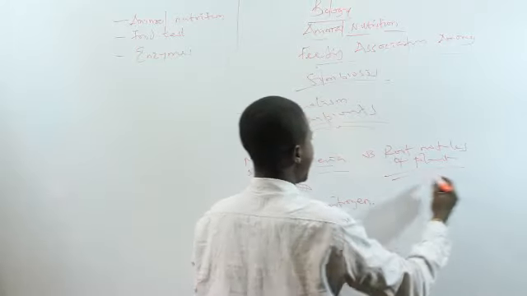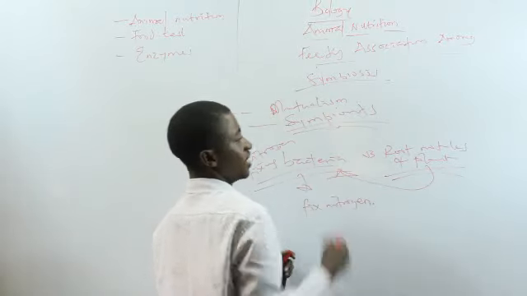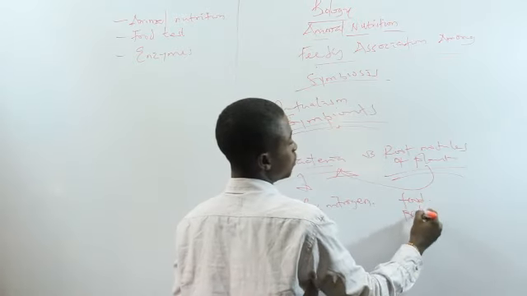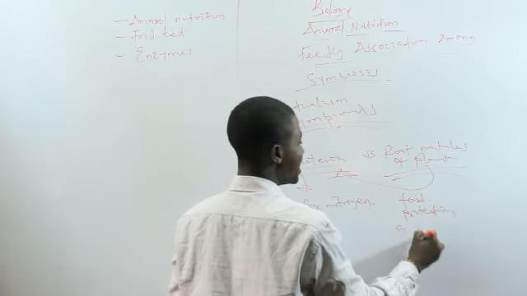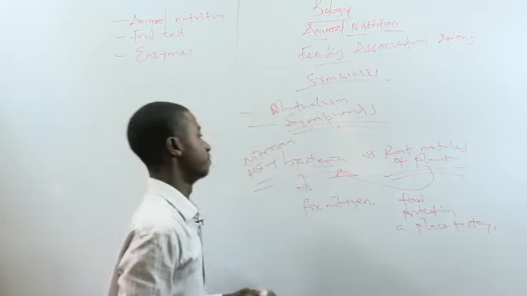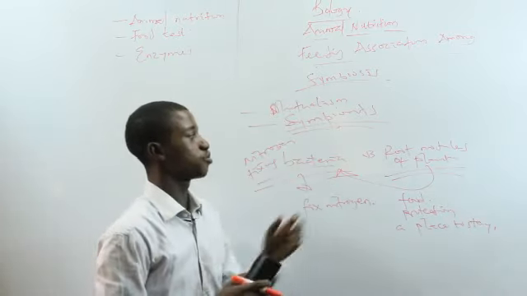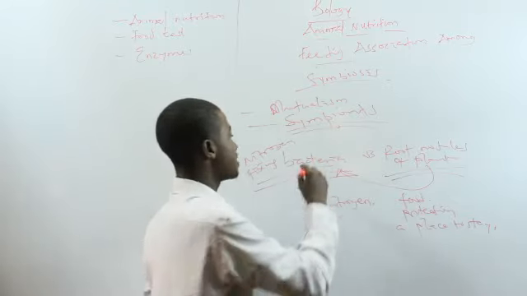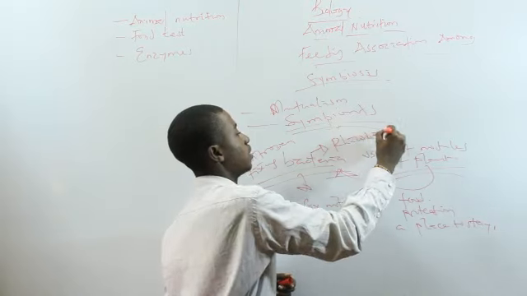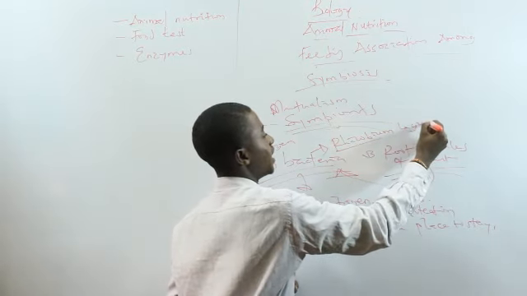The root nodules of plant in turn provide the bacteria with food, protection, and a place to stay. Okay, nitrogen fixing bacteria versus root nodules of plant. Now the nitrogen fixing bacteria specifically is Rhizobium leguminosarum.